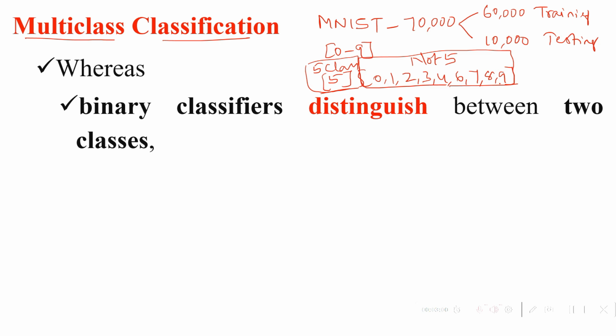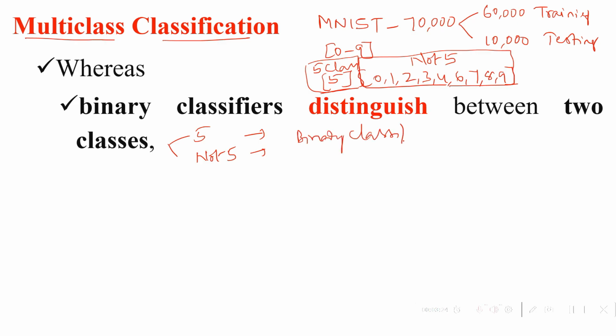In the previous videos, we discussed how to train the binary classifier. A binary classifier distinguishes between two classes. Here we distinguished between the 5 and not 5 classes, and based on these two classes we developed a model, which is called a binary classifier.